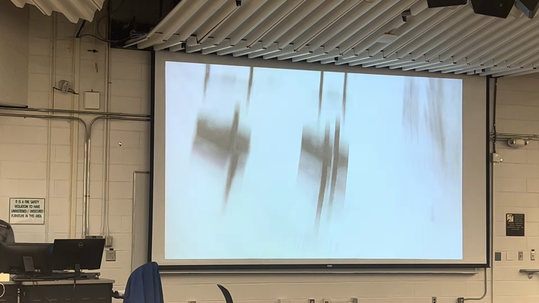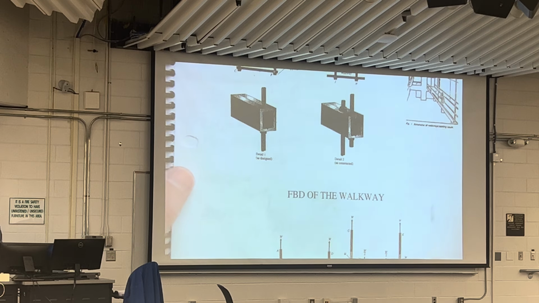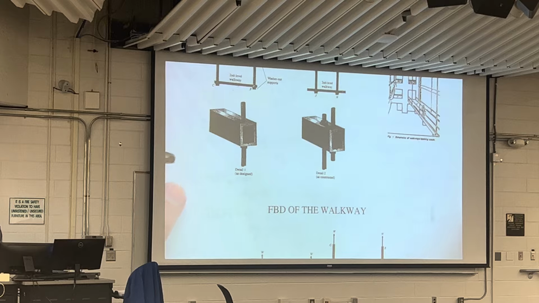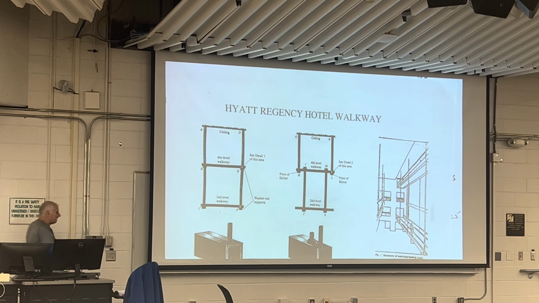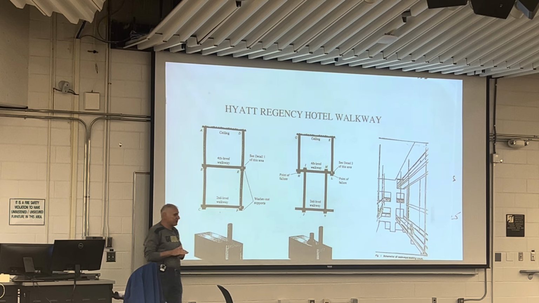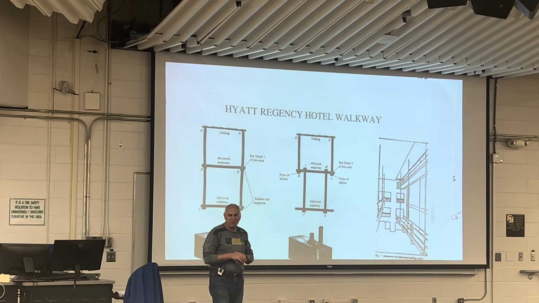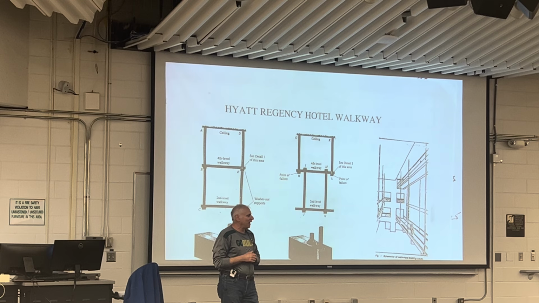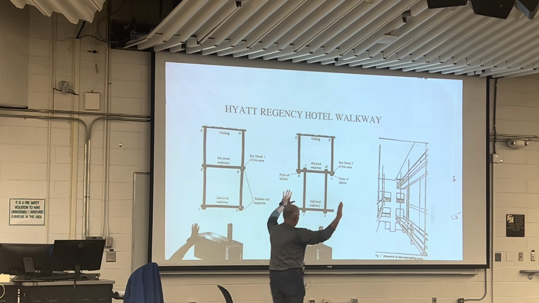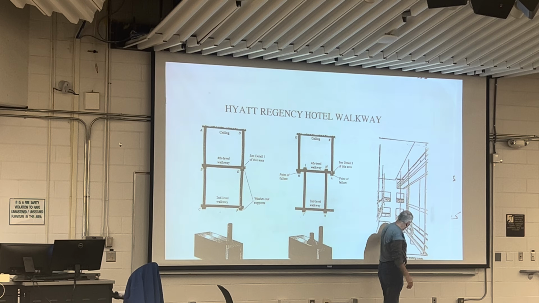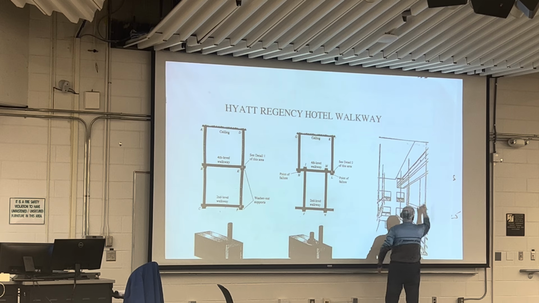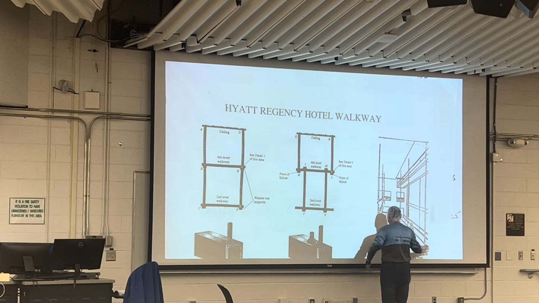I want you to see something that is kind of ridiculous. This is the Hyatt Regency, Kansas City, which I believe collapsed back in 1992 or something like that. The Hyatt has two buildings, and there's a walkway in between them. Of course, it's hanging, so there's nothing underneath.